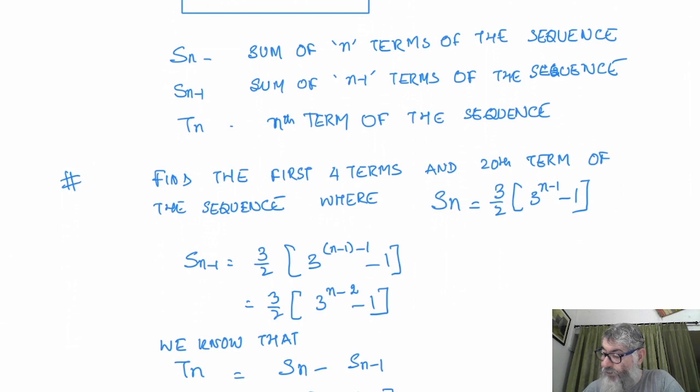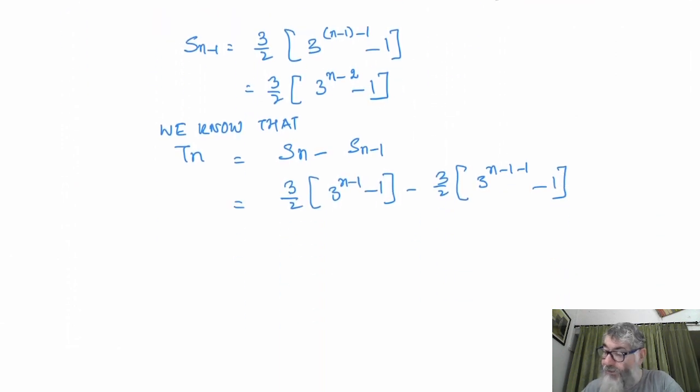I could have written also 3n minus 1 minus 1 also. It doesn't matter. Sorry. For n minus 1, we can take 3 by 2 common in this.